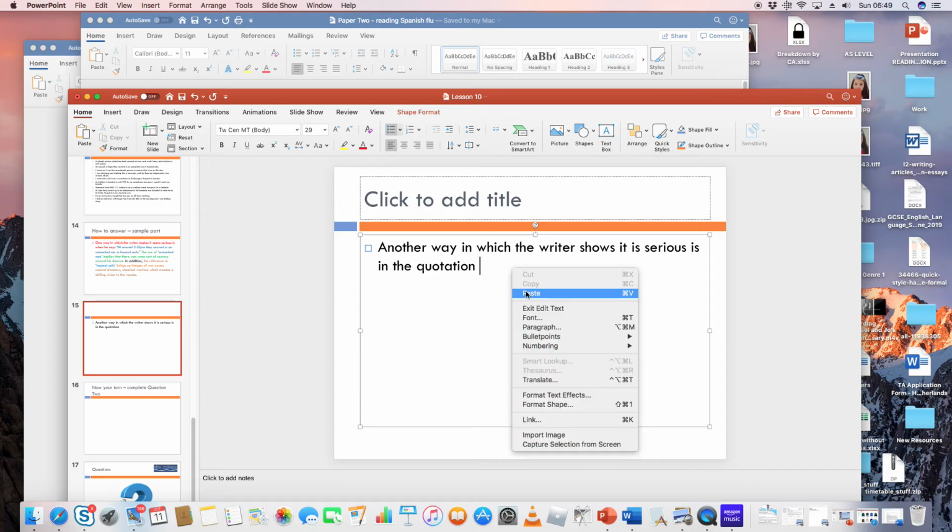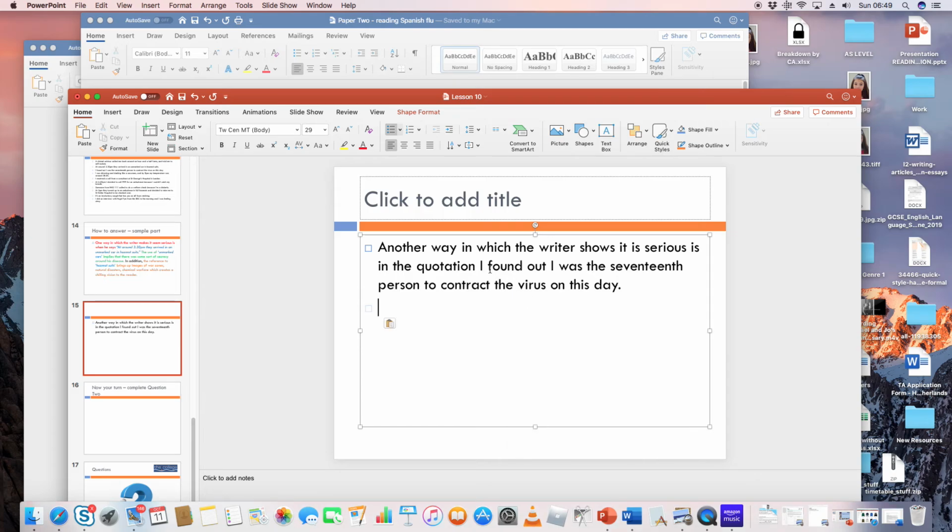And here I just put my quotation, which I've copied. Always remember to put inverted commas around it. Then you need to explain it.